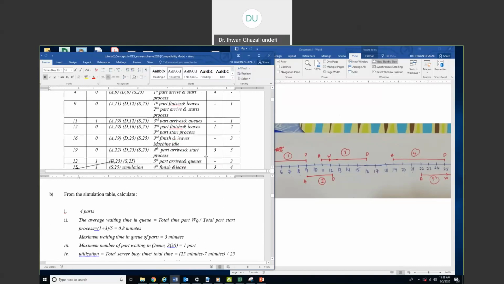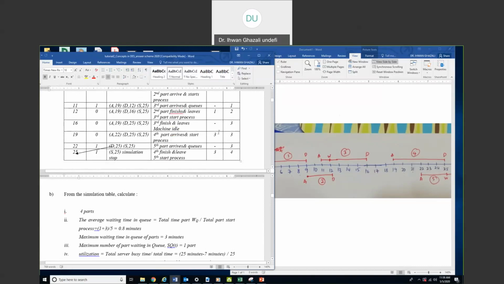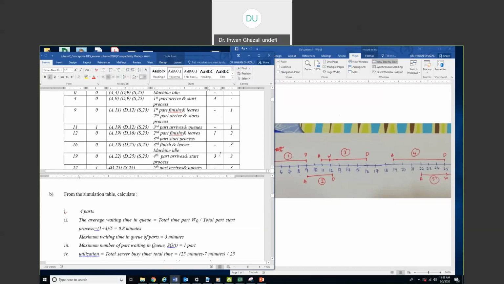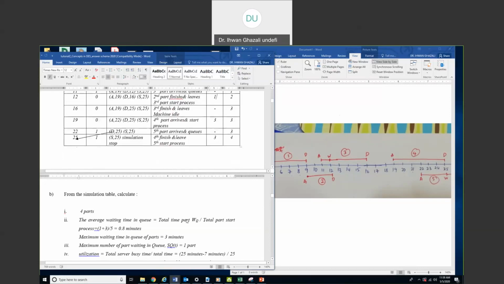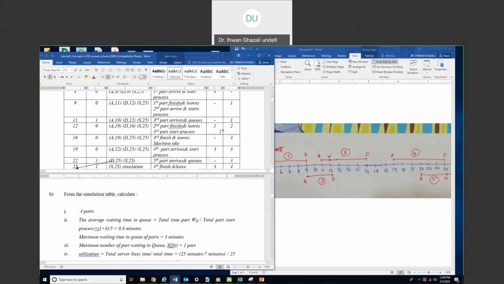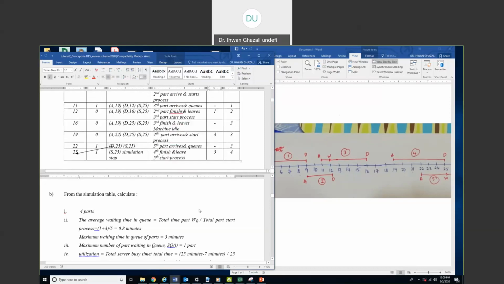Okay. Here is 1 plus 3. This one is 1. Okay, waiting part is also part one for the machine. This one and this one. Waiting time is 1 plus 3 over 5.